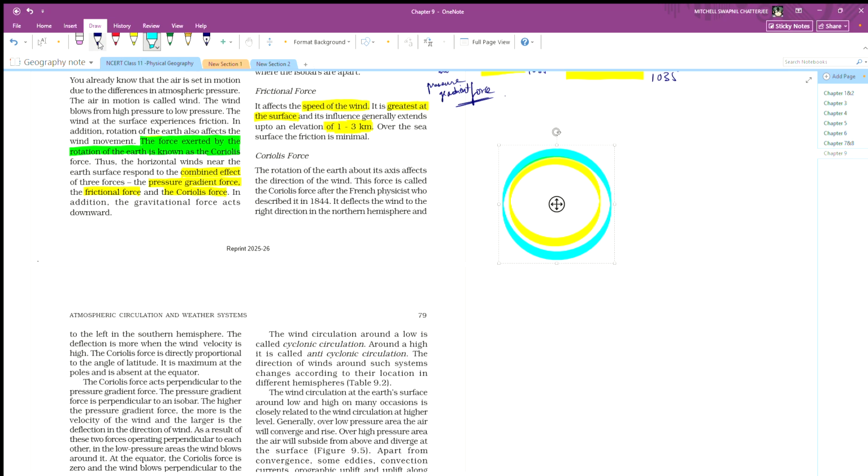Now the Earth is rotating on its axis. This is the axis.